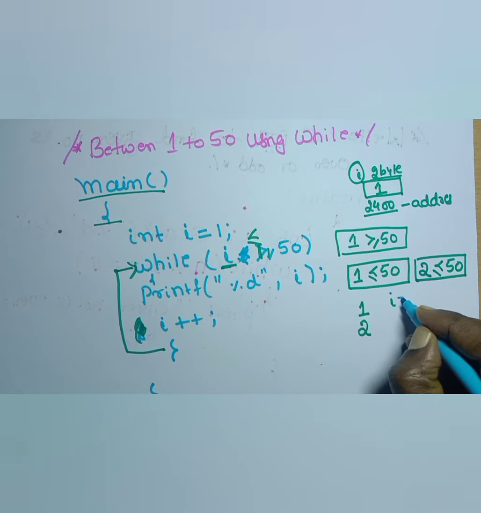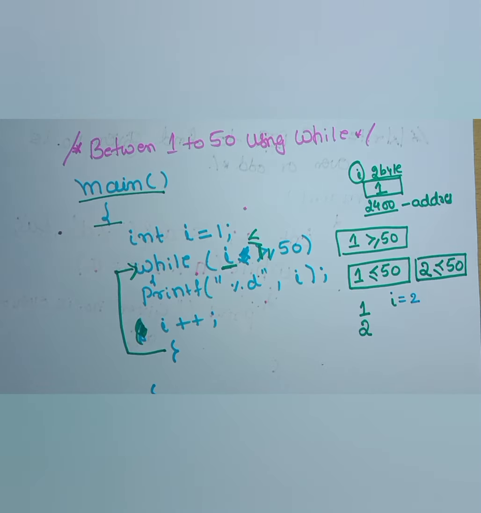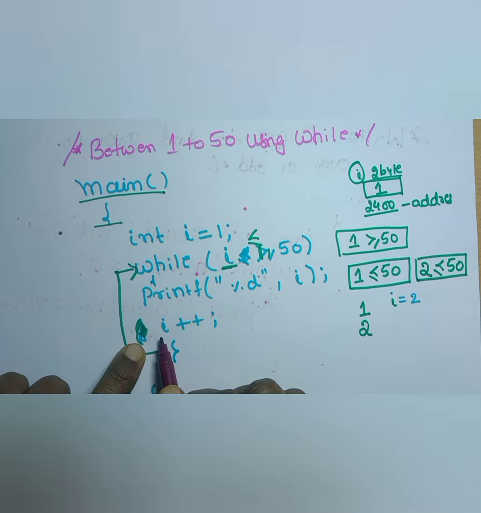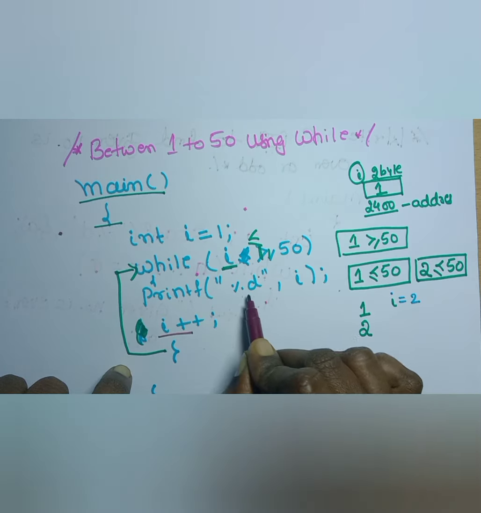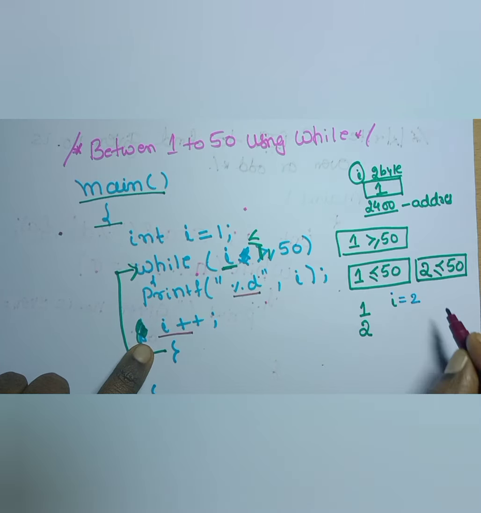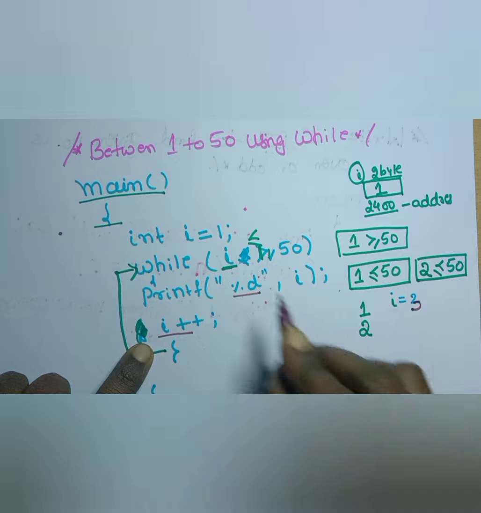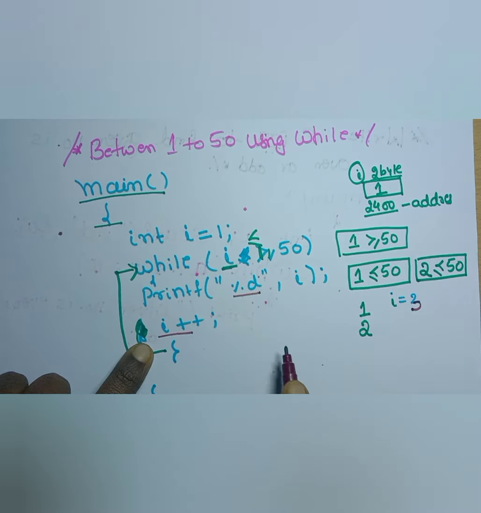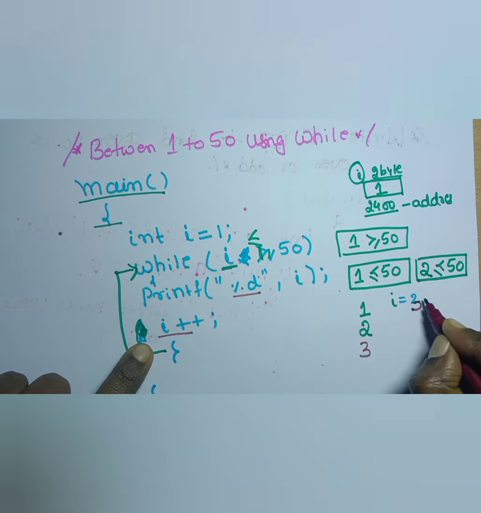Your i value is equal to 2. Correct. What happens? i is printing 2. And next i is incremented. After printing i equal to 2, i is incremented to 3. Once again it checks the condition, it is true, it is printing 3. The i value is incremented as 4, 5, like that.